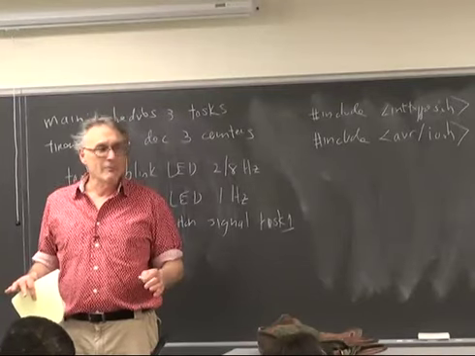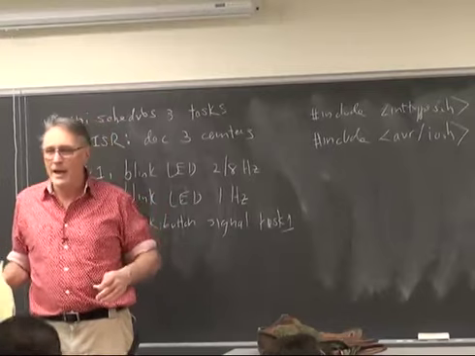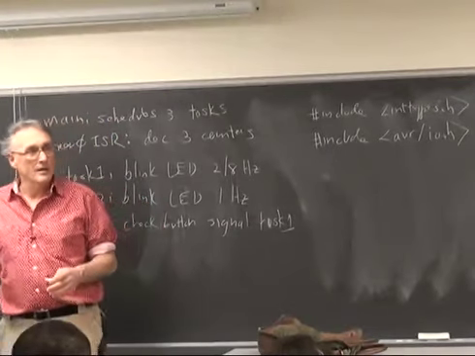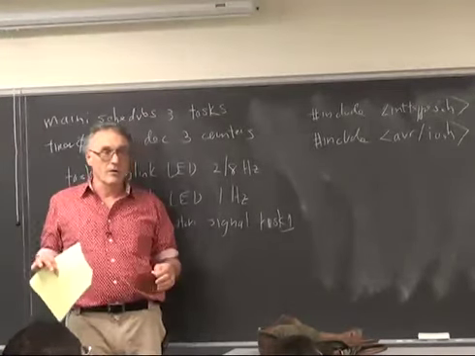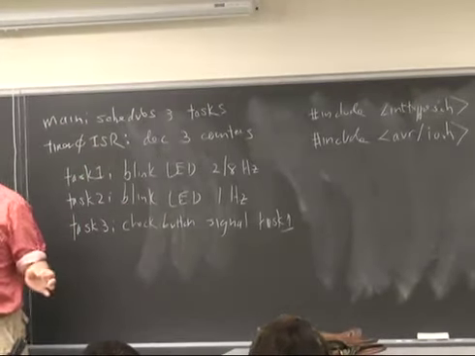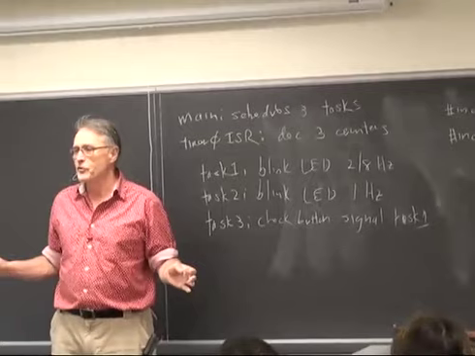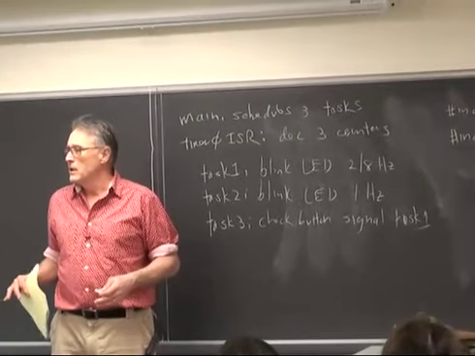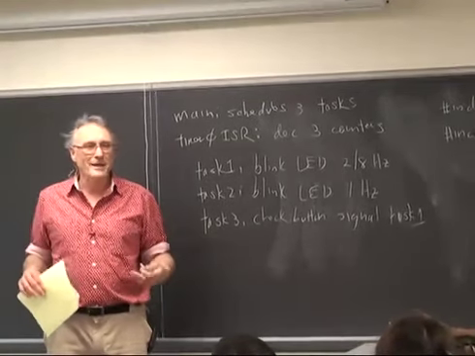So every name like TCCR0A and OCR or OCIE0A enable, whatever, it's all there. So you can use the logical names and never have to go to the register number or bit number.